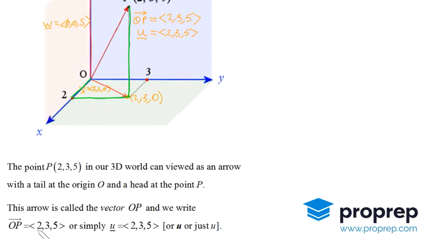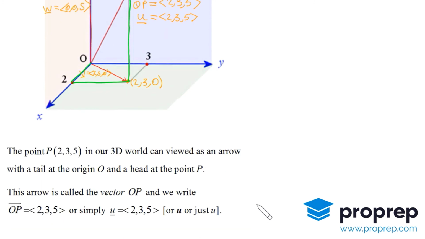Or we give it a letter name, typically U, with an underscore. And sometimes instead of the underscore, we write it in boldface. And sometimes just as a regular U, we get fed up of writing the underscore all the time, so we just call it U.